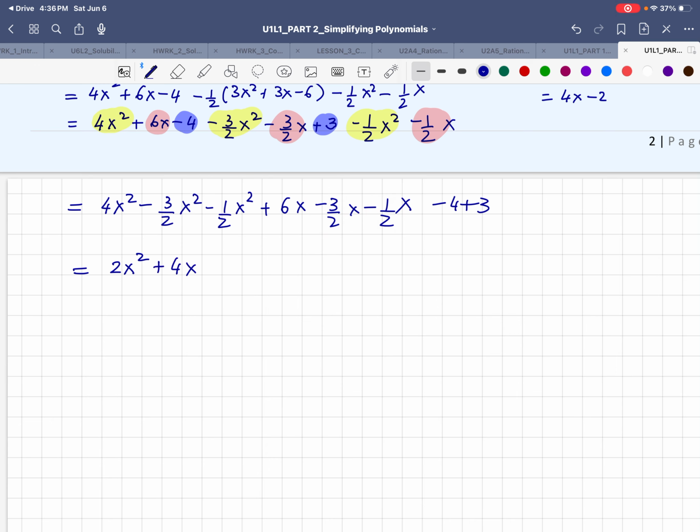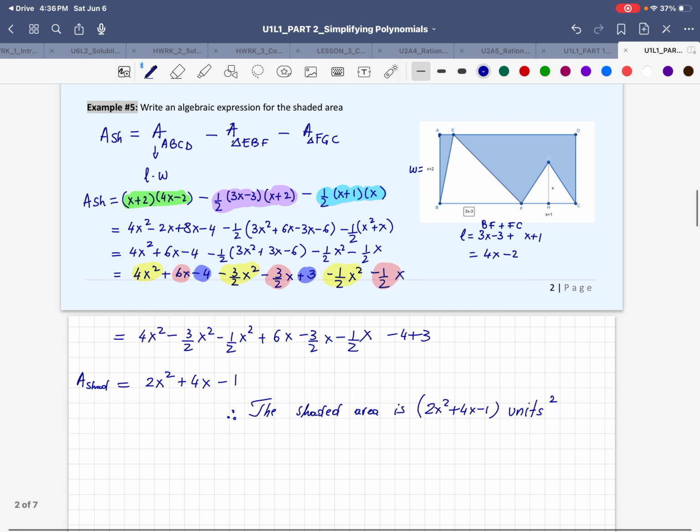And negative 4 plus 3 is negative 1, and that would be the shaded area. So we're going to say that, therefore, the shaded area is 2x squared plus 4x minus 1. And we're going to write unit square in here because we're not given the exact units that we're using.